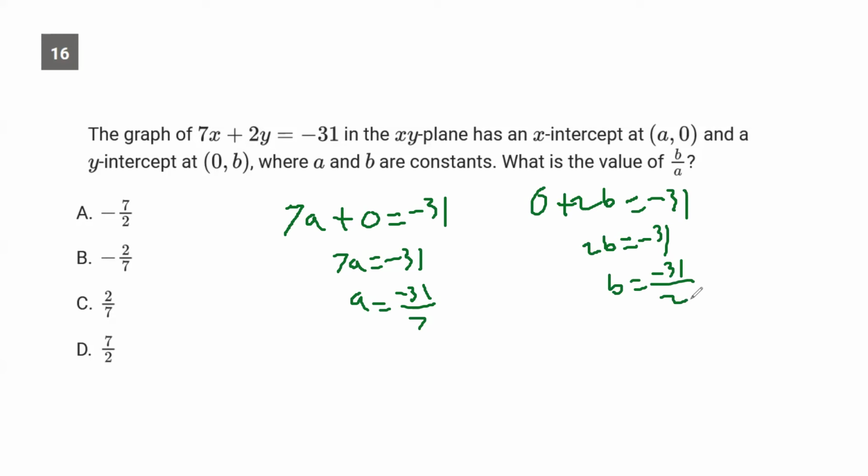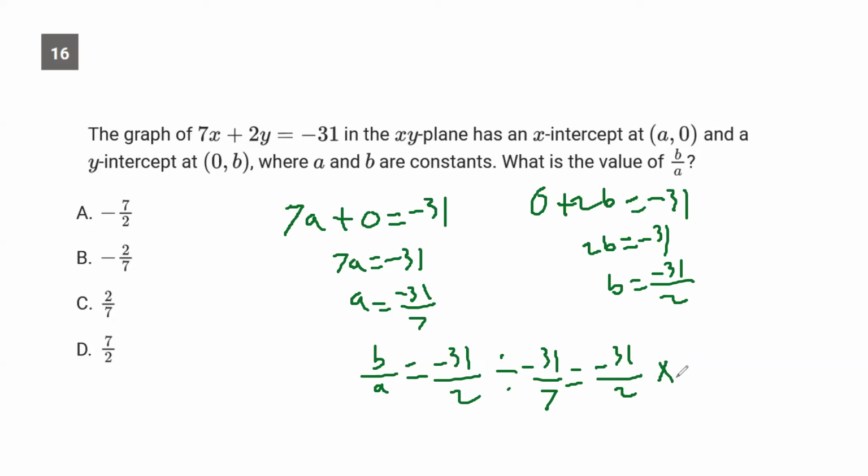And then we're going to do b divided by a, which equals negative 31 over 2 divided by negative 31 over 7, which equals, remember, keep change flip, negative 31 over 2.